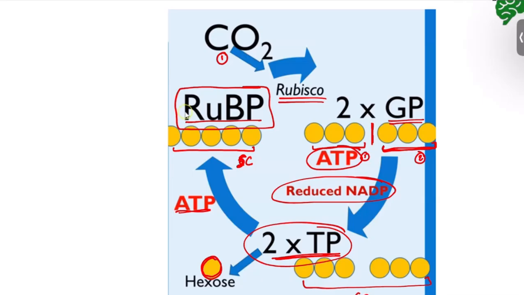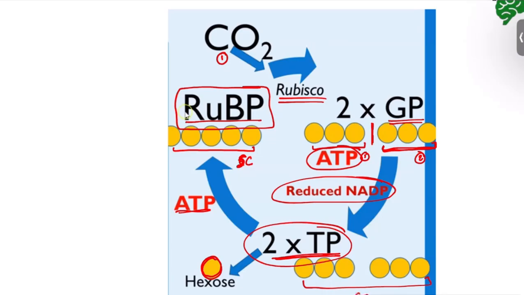So at each cycle, you've got CO2 combining with RuBP to form 2 molecules of GP using the enzyme Rubisco. Once you've formed 2 molecules of GP, the GP is then reduced into 2 molecules of triose phosphate, and it does this by using ATP and reduced NADP.